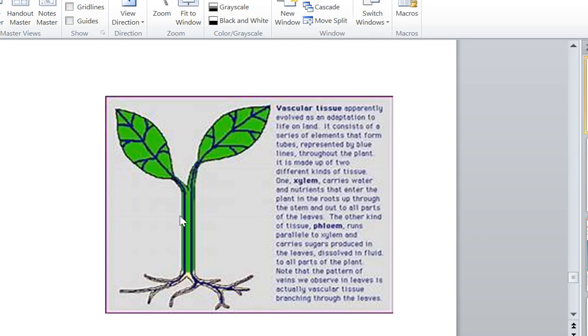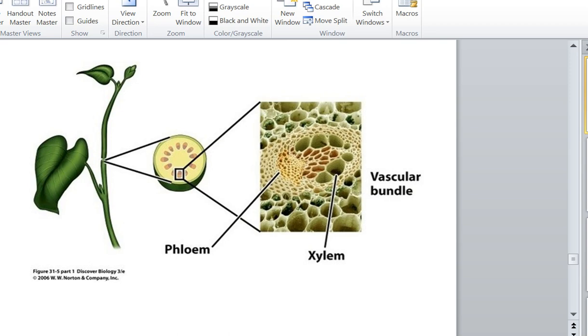These tubes going up and down are the vascular tissue. Look, this is a cross section, a cut in the plant stem, and it shows the tube-like structures, the vascular tissue.